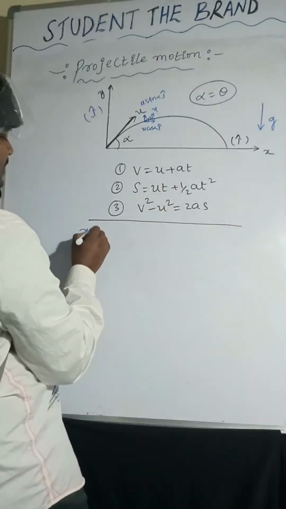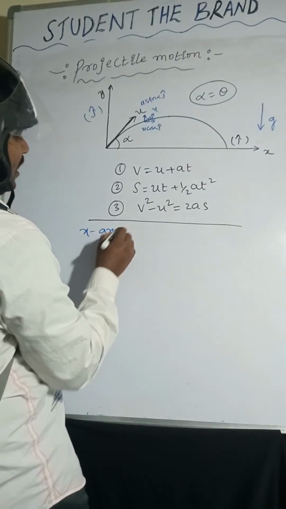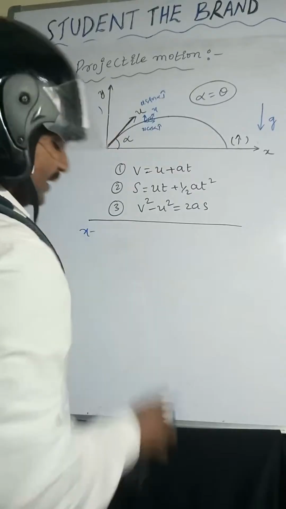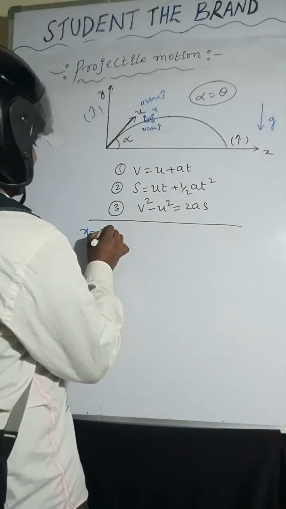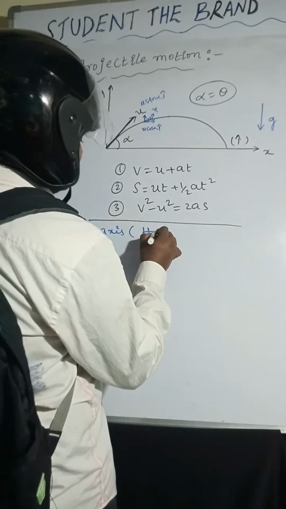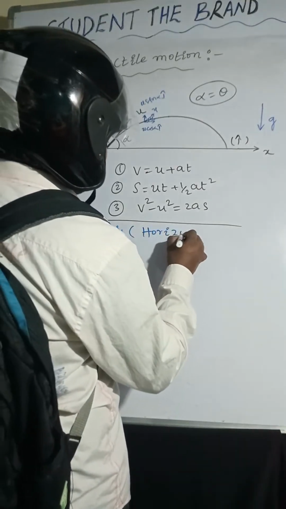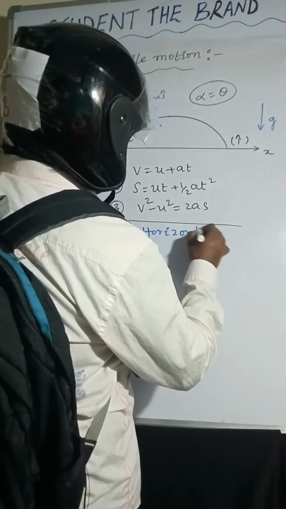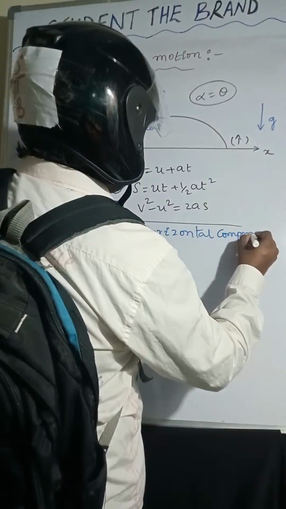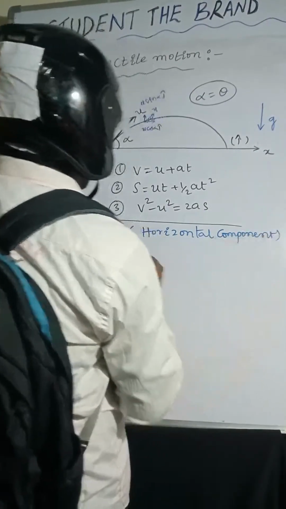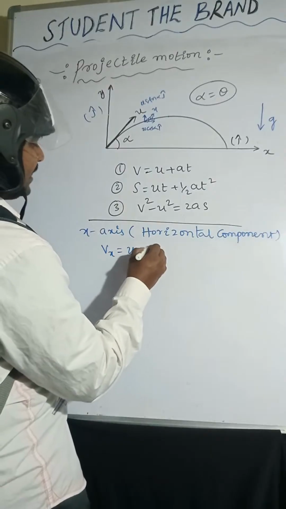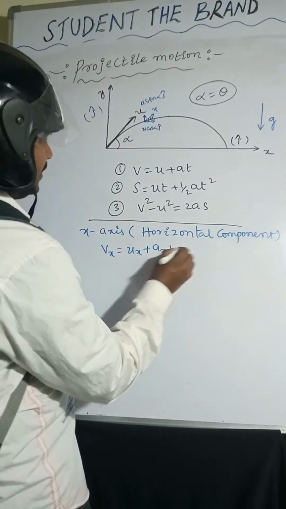The x-axis is called the horizontal component. Now that is Vx equal to ux plus ax into t.